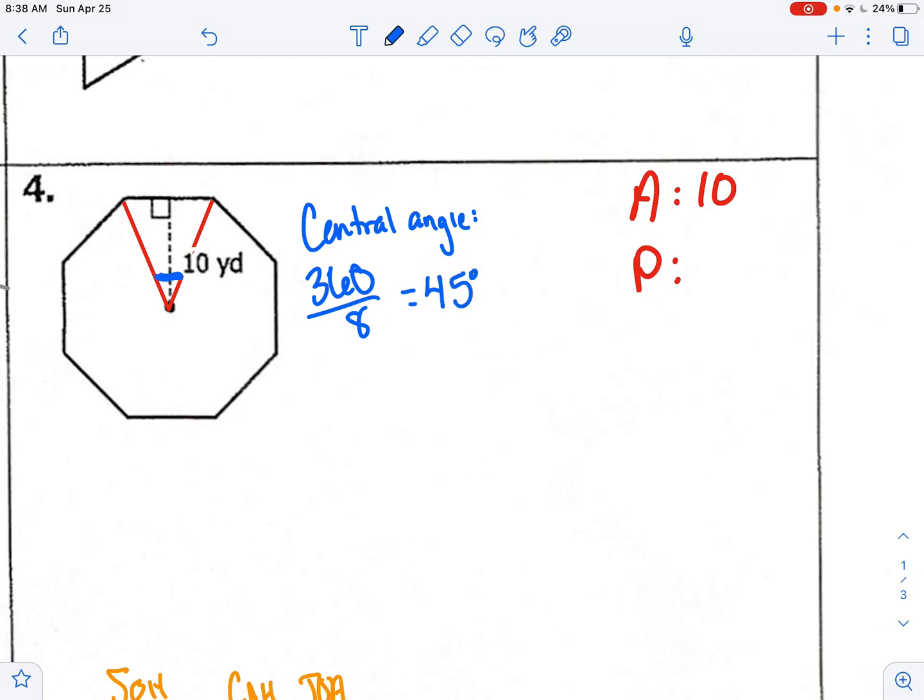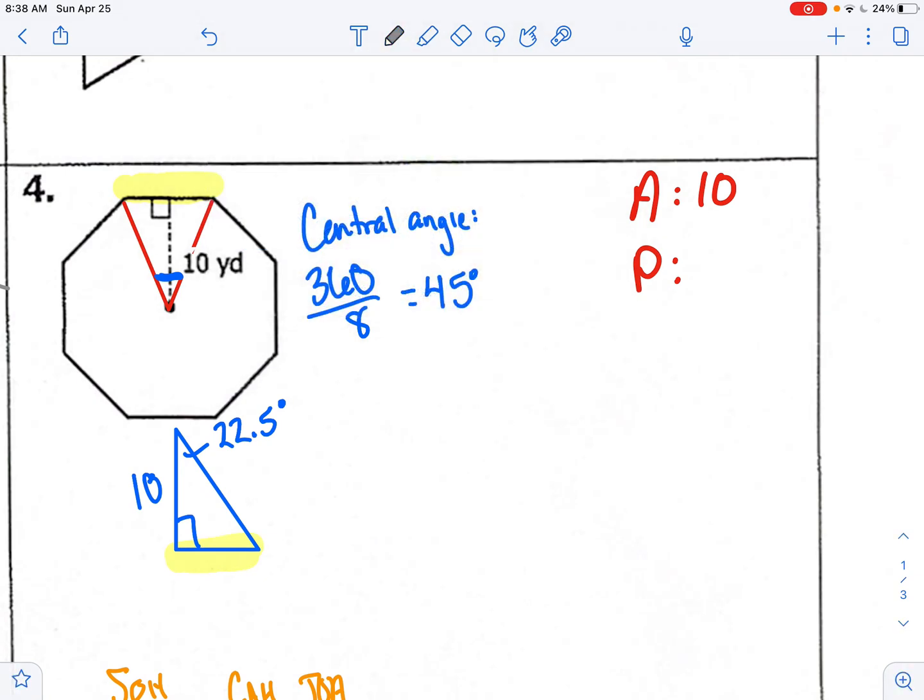So this whole central angle is 45, which means that my two parts of that isosceles triangle would be 22.5 degrees, because this is split in two. I have the apothem of 10. I really need the side length. I need this part down on the bottom.